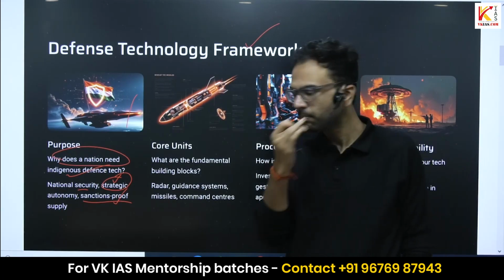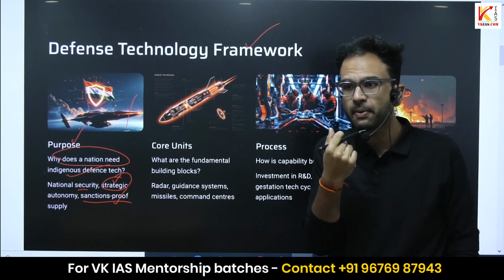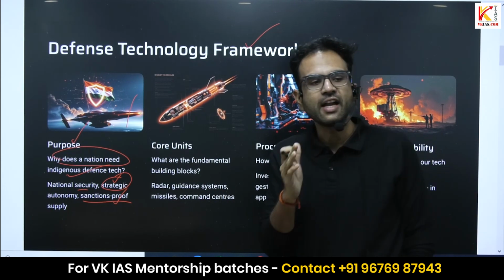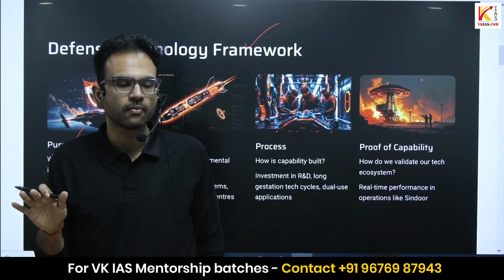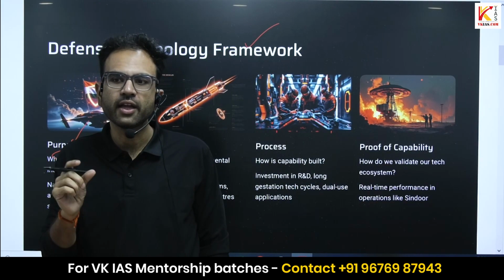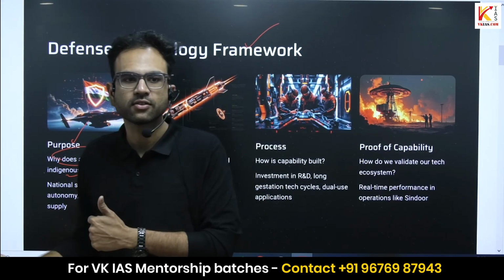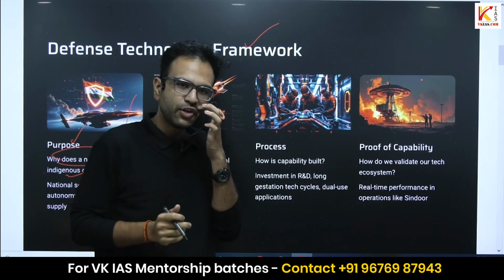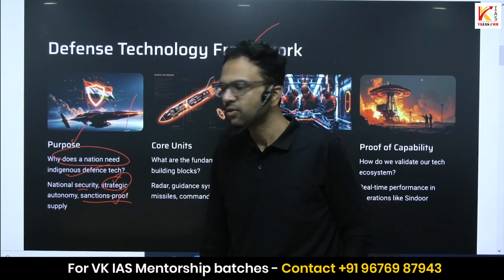So these are the bare minimum understanding of the purposes. So this should be visible in your answer. And since we are writing answers only in 150 words, it is difficult to communicate such complicated ideas without the help of these keywords. So that's why when you prepare your notes, these are the words that you have to have.